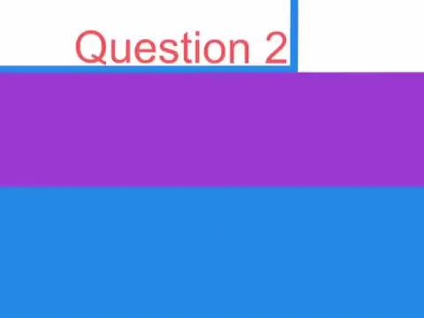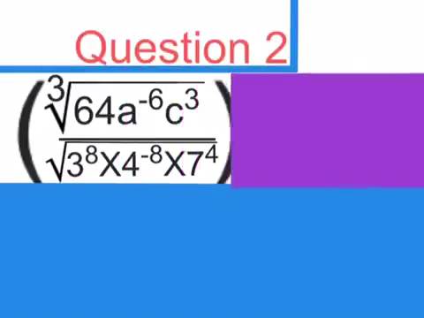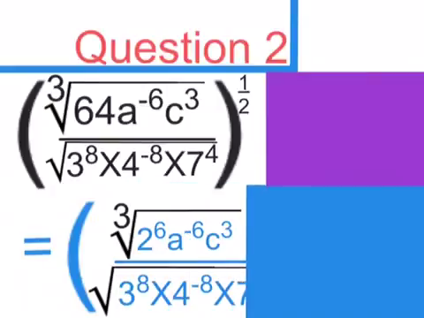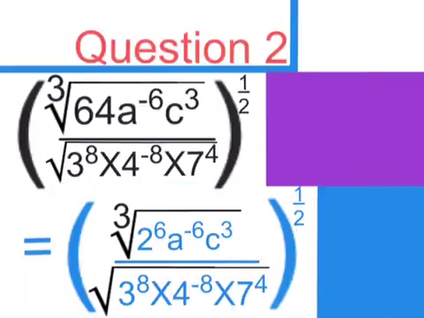Let's look at the second question. Now this one's a little bit harder. The first thing I did is change this 64 into a 2 to the power of 6, as we can see here. Now I want to get rid of these thirds.